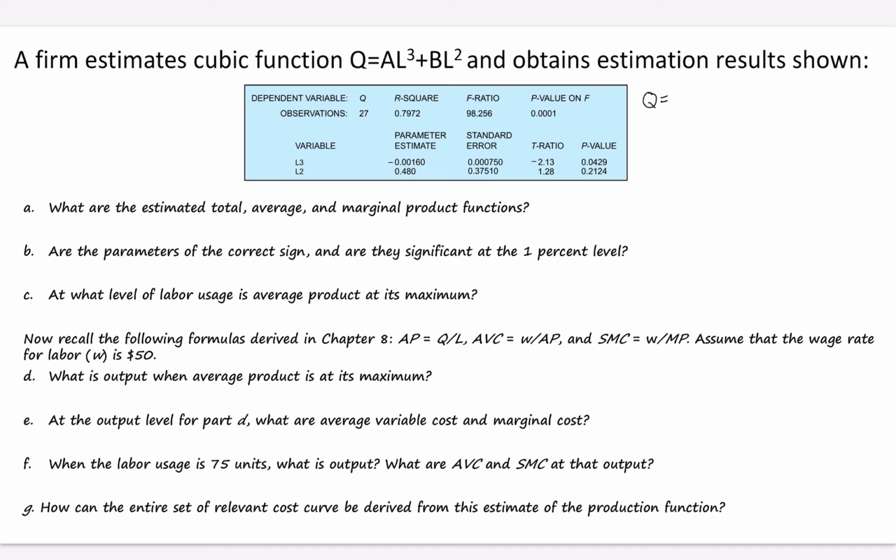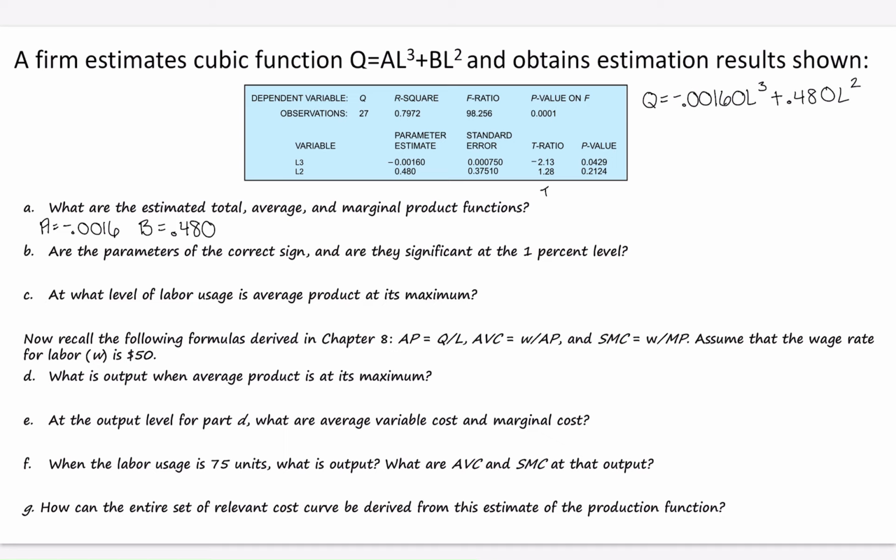So the parameter estimate in front of our L cubed is going to be negative 0.0016 L to the third plus 0.480 L squared, which means we have an A value of negative 0.0016 and a B value of 0.480.